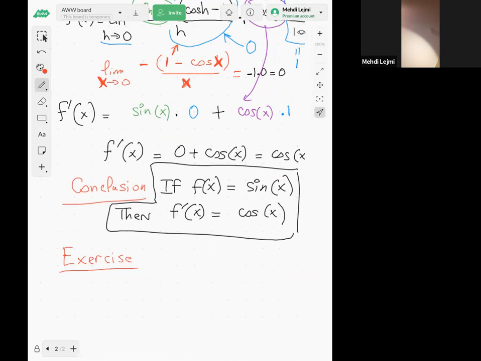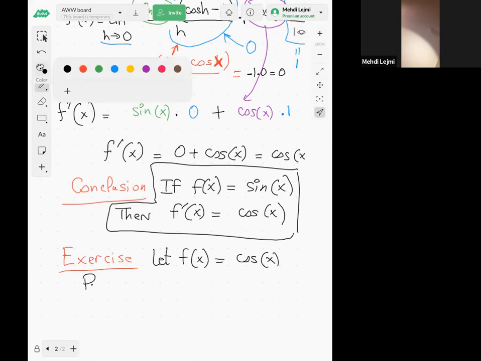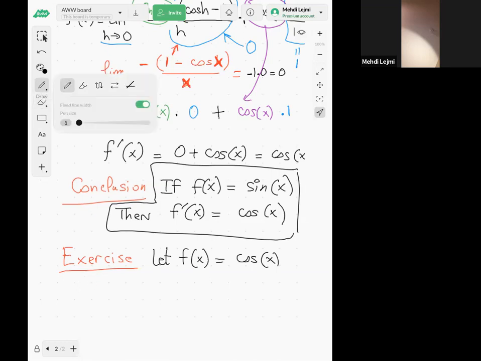Let's say f of x is cosine of x now. So prove or compute f prime of x. You probably don't like the word proof, so let's compute f prime of x.